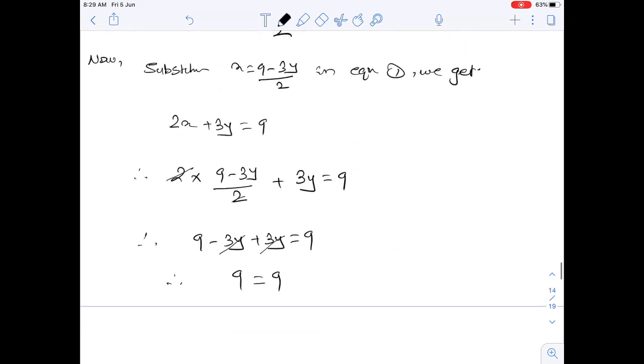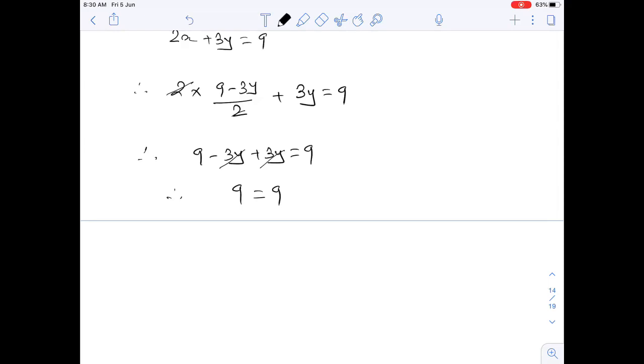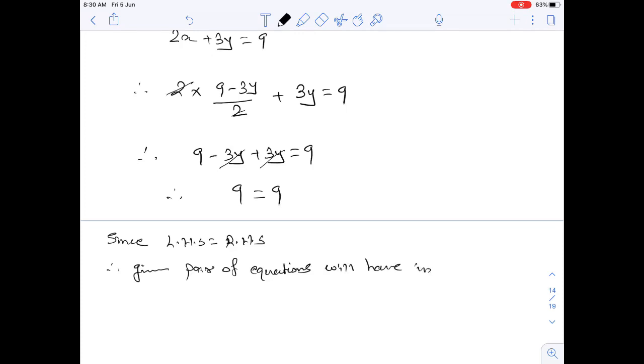So we can write here: since LHS equals RHS, therefore the given pair of equations will have infinite solutions. We can solve only up till here. This is our final answer. Hope you all must have understood.